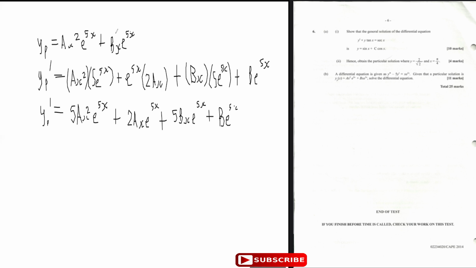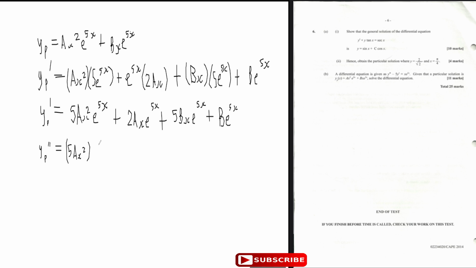Now we need to find the second derivative. To find the second derivative, it's going to be yp prime prime. And when we find that, that's going to be equal to, differentiate this using product rule again. So we keep the first, which is 5ax squared, times the derivative of the second.